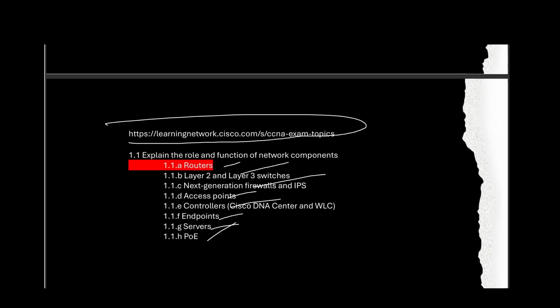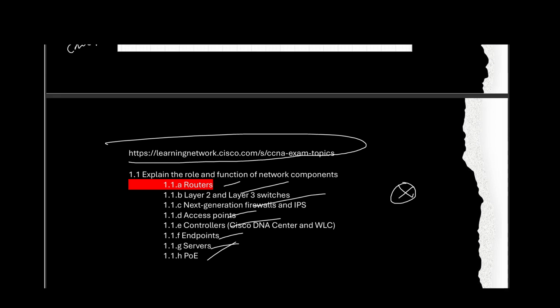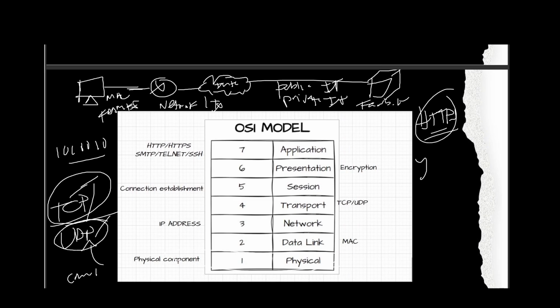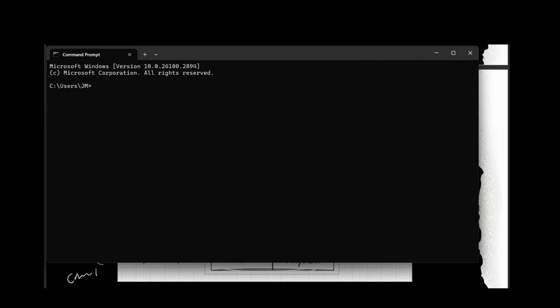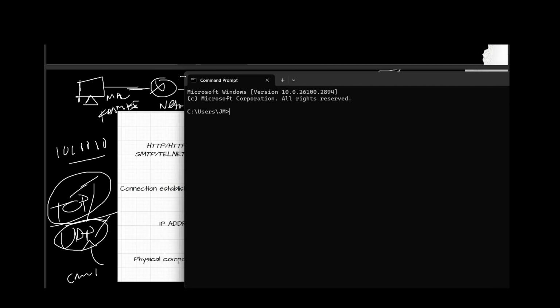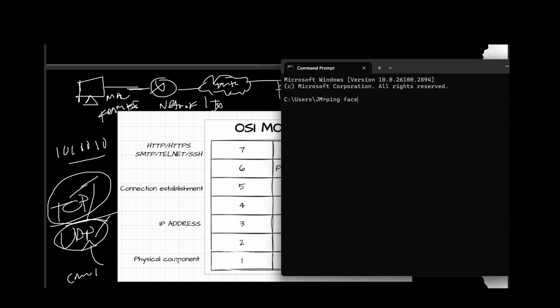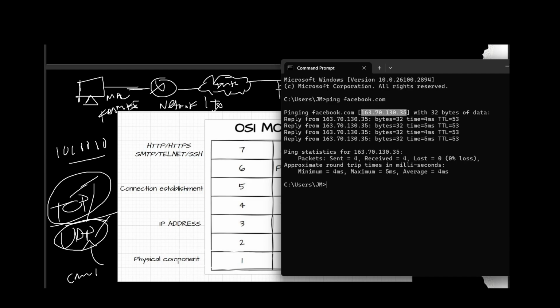So for routers, once we sort out the configuration, this is where we set up the routing for a specific IP. Because right now, let's say we open our command prompt and ping facebook.com, you'll see the IP address of that Facebook server, 167.70.130.35.